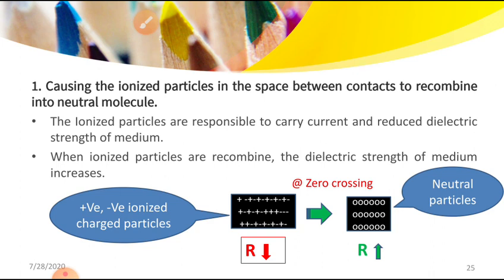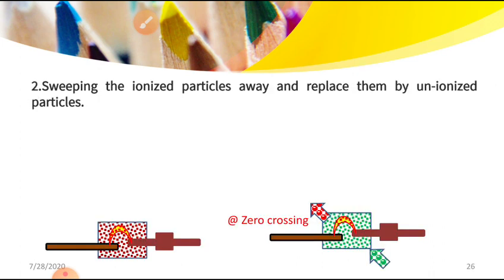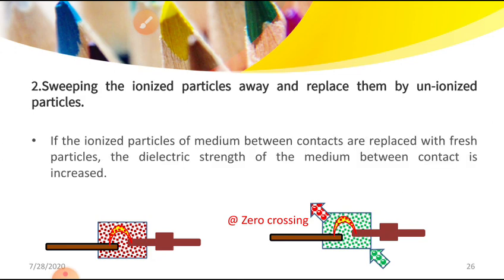Now what to do in the second method? Otherwise, the next is sweeping the ionized particles away and replacing them by unionized particles. Here you can see this figure. If the ionized particles of the medium between the contacts are replaced with fresh particles, the dielectric strength of the medium between the contacts is increased.